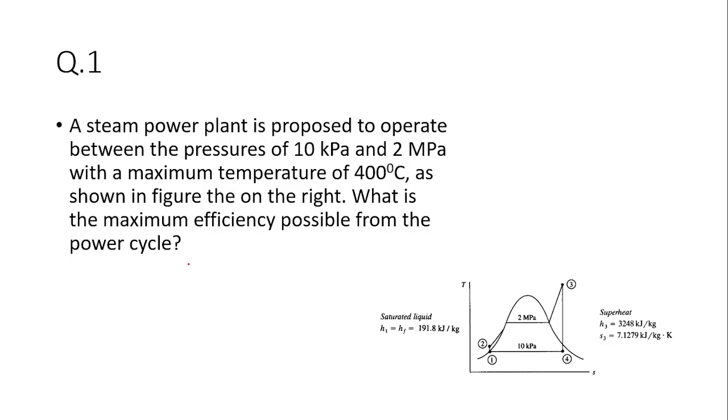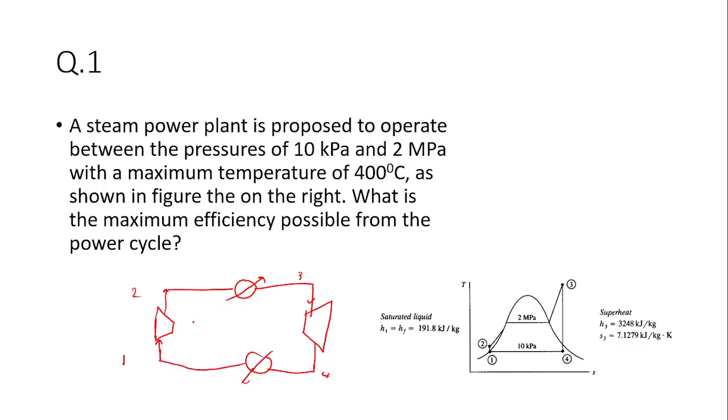Now this is the TS diagram given to us, but then we can make our own diagram. So we can start out with a pump, right? So we have here, this is point 1, this is point 2, it goes through a heater, this is point 3, it passes through a turbine and comes out, so this is point 4, and then it goes through a condenser and then comes back to point 1, right?